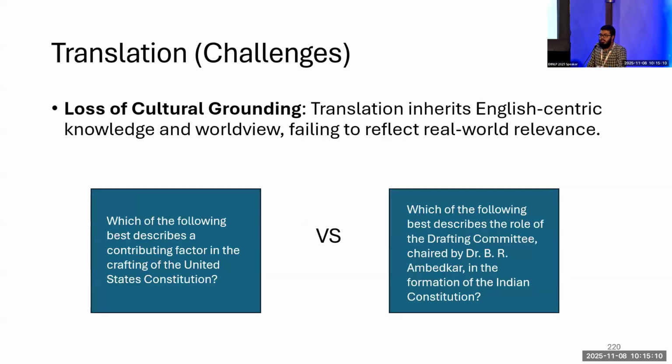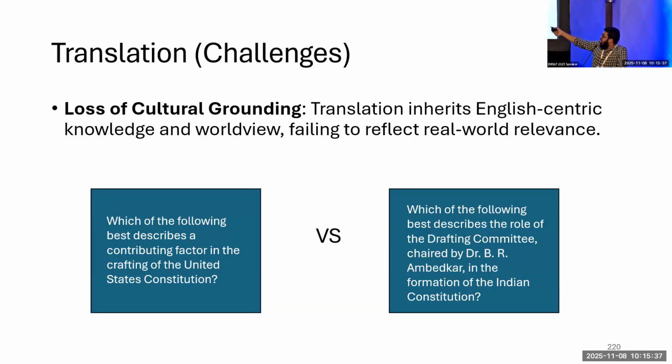Second challenge is that there is a loss of cultural grounding. For example, in English, asking the first question, the one on the left, would make more sense because that's the type of question people typically ask. But when you translate that question, let's say to Hindi, that may not make too much sense. It may not add too much value. I'm not saying it's wrong, but it wouldn't add too much utility in your evaluations.